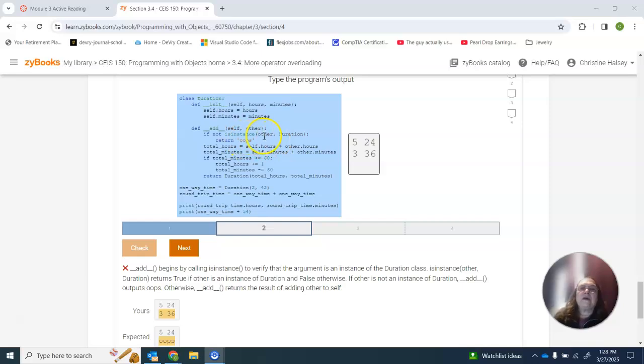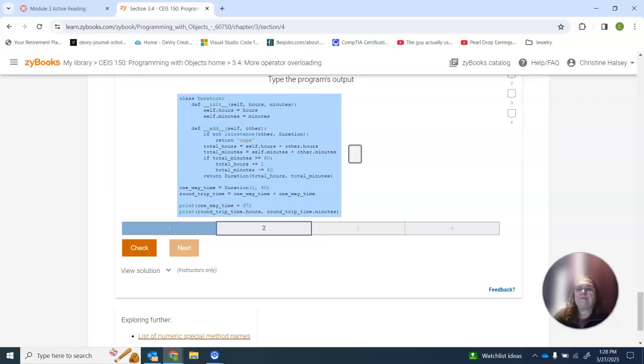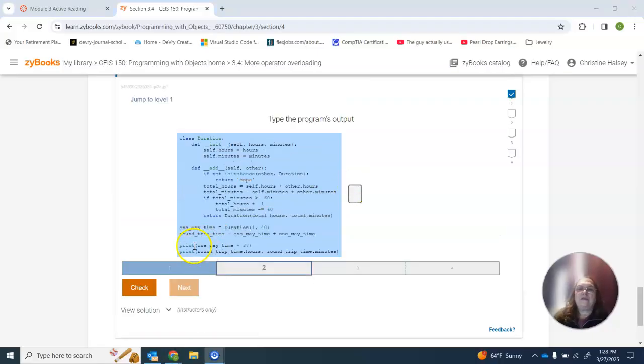Okay, so it compares other, which in this case was the 54, with duration, and that was not a duration, so therefore it should have outputted oops instead of 336. So let's go try that one more time. Okay, and this one, the first print statement is adding a duration and an integer, so that one's going to give us the oops.